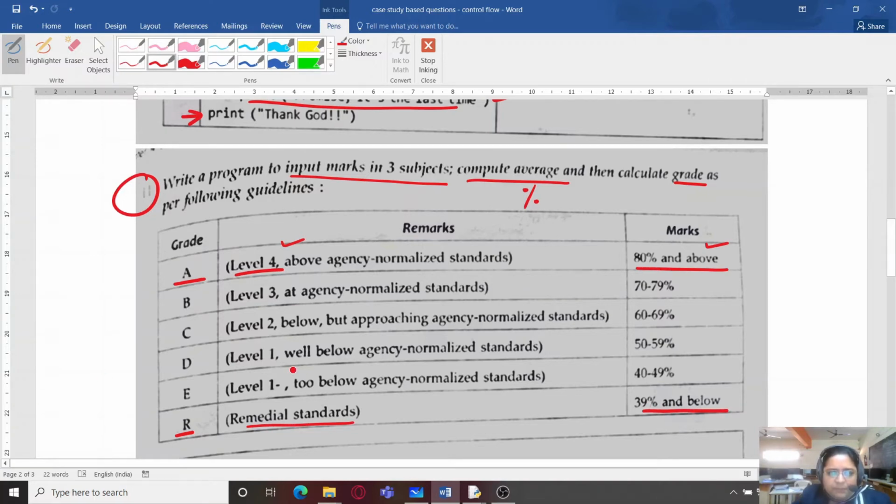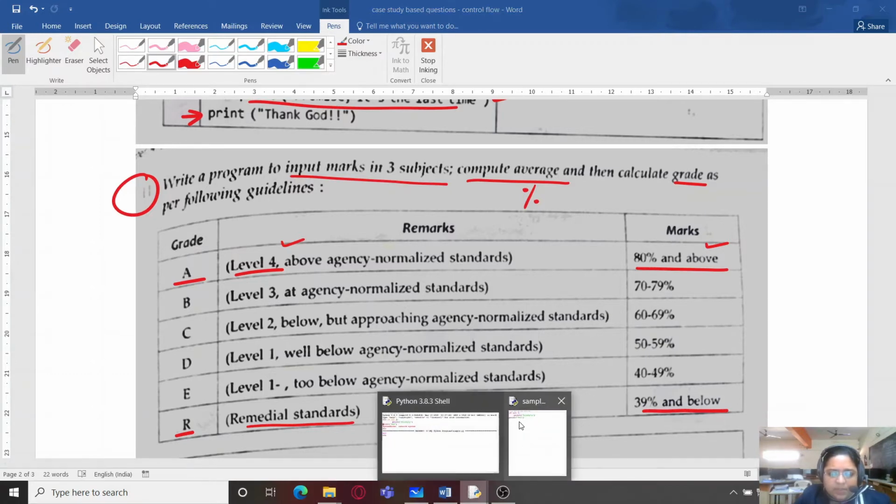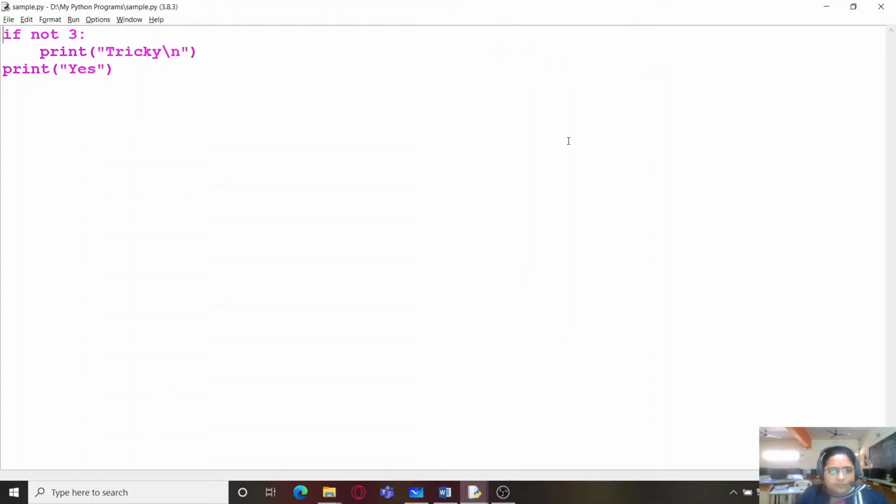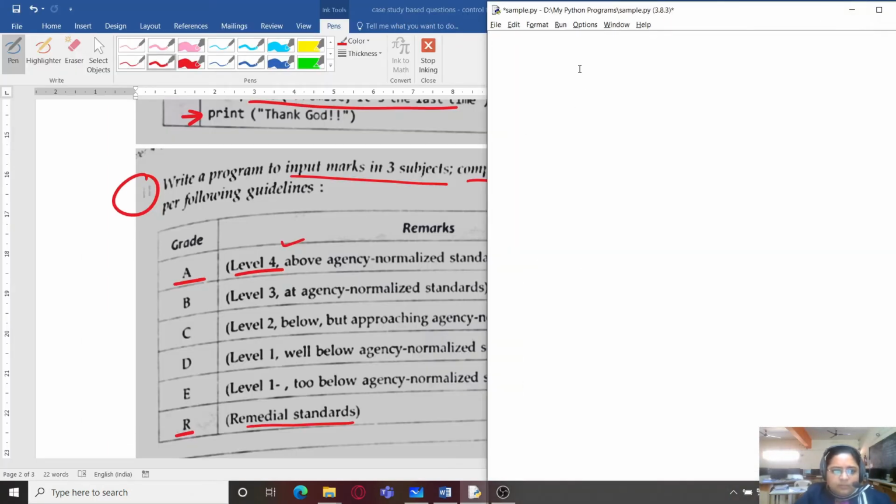So here firstly we will start with typing the code for entering the marks in the 3 subjects. So I am going to directly type it over here. Firstly, 3 subject marks. So I'm going to take A, B and C, which will represent the marks in all the 3 subjects.